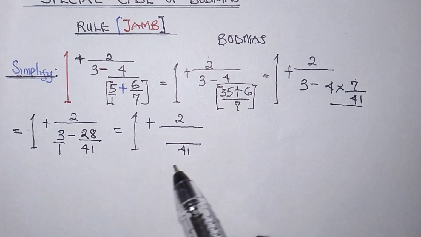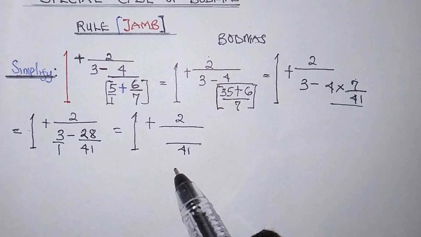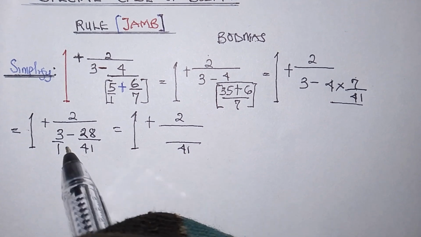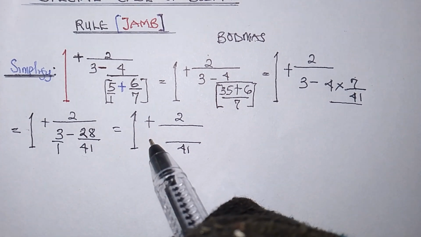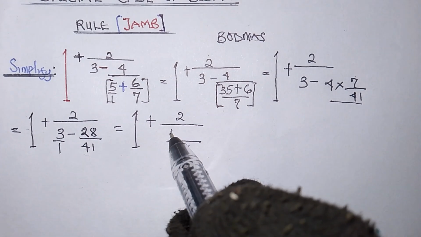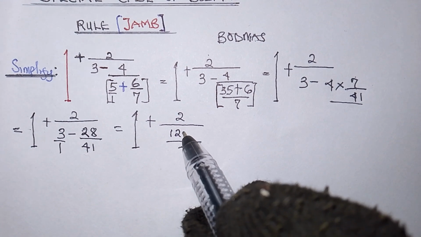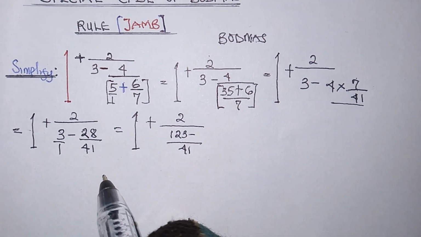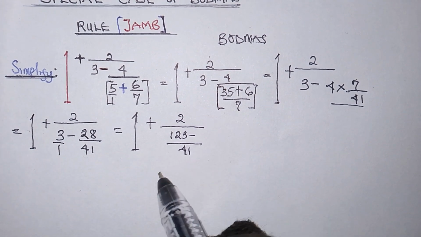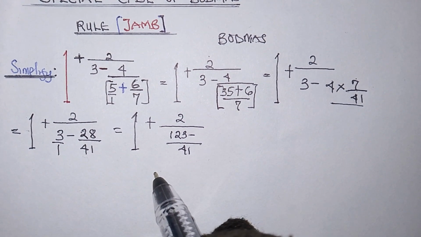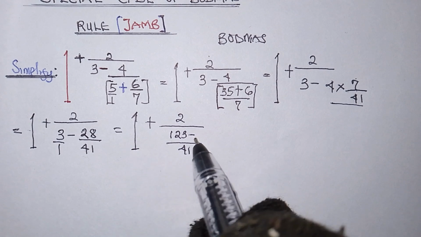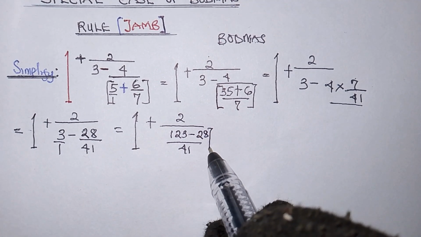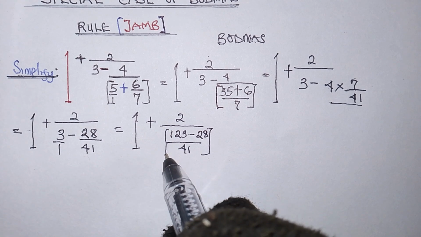So if 1 goes into 41, it will be 41 times. So we have to multiply the 41 by 3. If we multiply the 41 by 3, we are going to have 123 minus, that is the sign in between. 41 goes into 41 1 time. So we multiply the 1 by 28 and we are having 28. Always remember, we bracket the ones we have simplified.